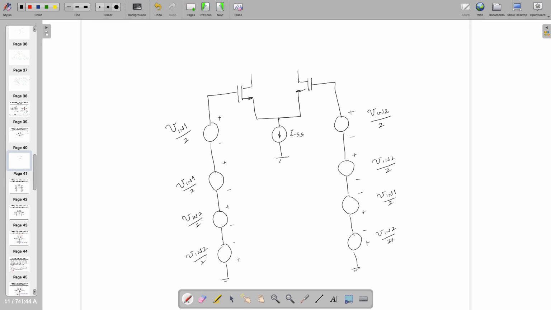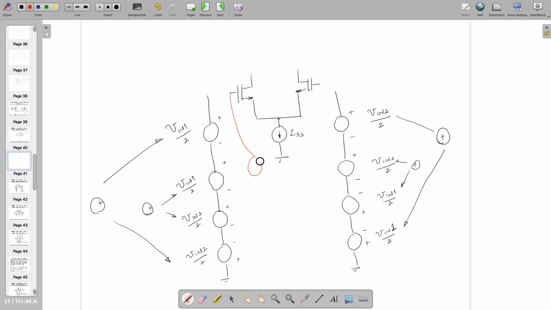If this is the case, I can combine this with this one, and this with this one. So notably, it's going to give me only two voltage sources. Let's make a new branch which is going to have two voltage sources like this, both plus, by the way.